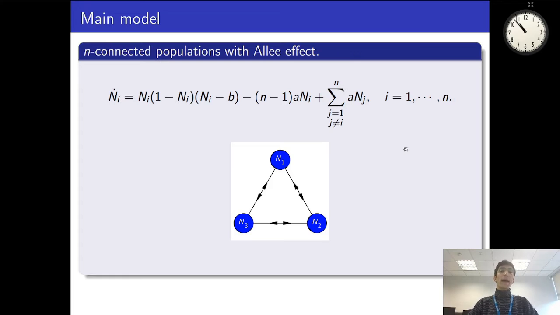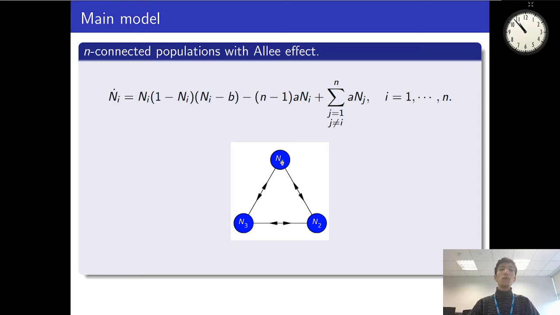Let's say you have n patches, and by patch I mean different geographical regions, or it can be different countries in an epidemiological context like the COVID system. So here I'm showing 3 patches, and we have 3 populations, all of them showing Allee effect with the same parameter b, and these patches are connected.